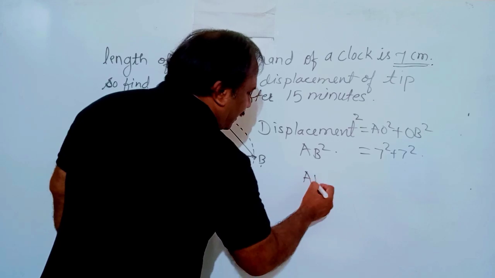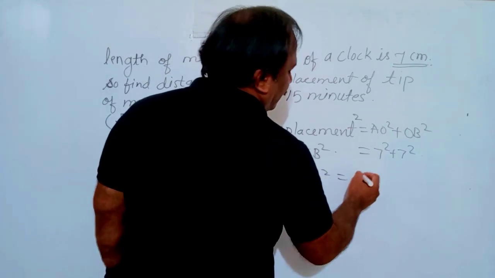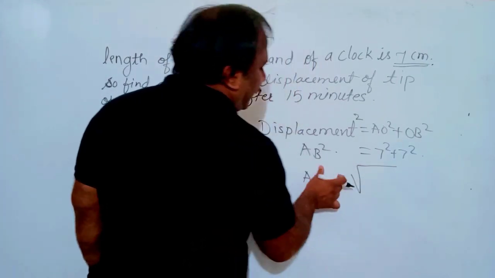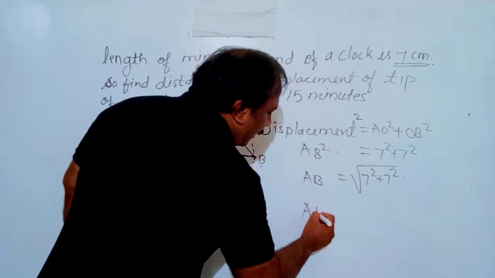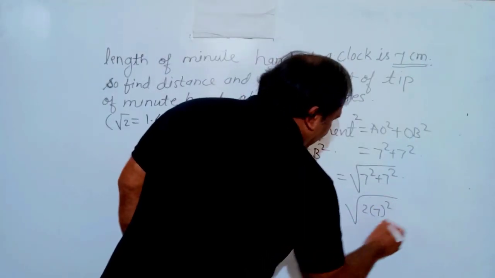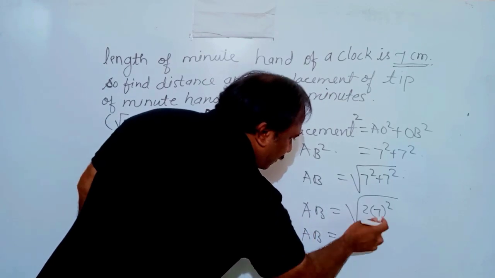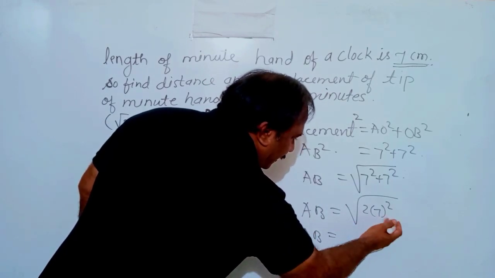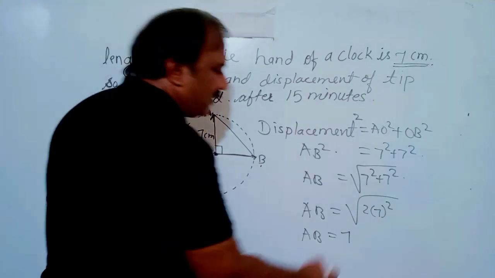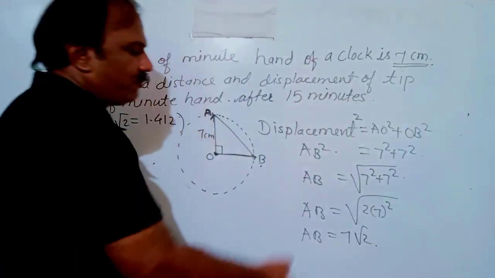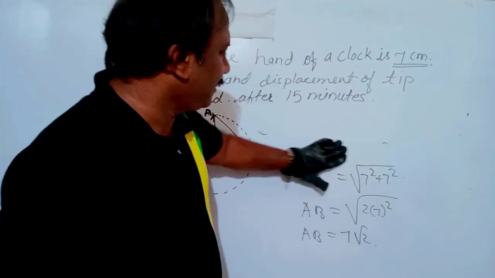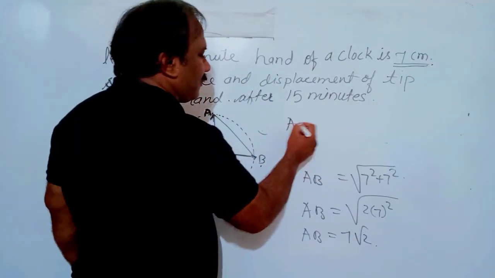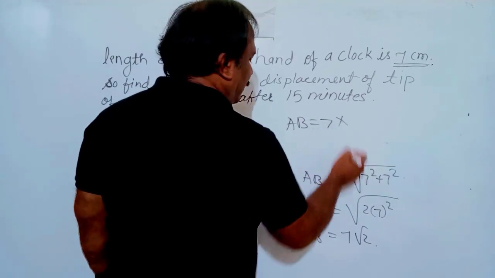So AB square is equal to 7 square plus 7 square, taking square root. So AB square is equal to 2 into 7 square. So AB is equal to, square root of 7 square is 7, so 7 under root 2. Now putting the value of under root 2, so AB will be equal to 7 into what is the value of under root 2?